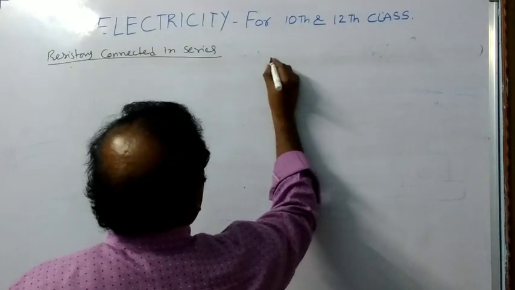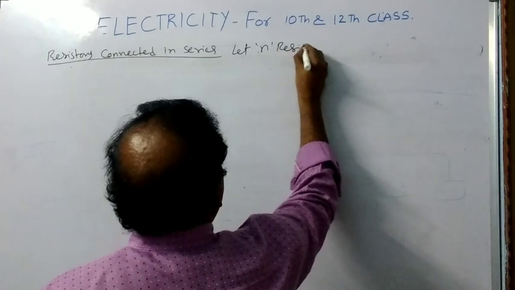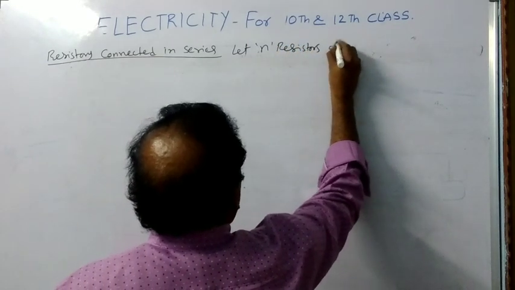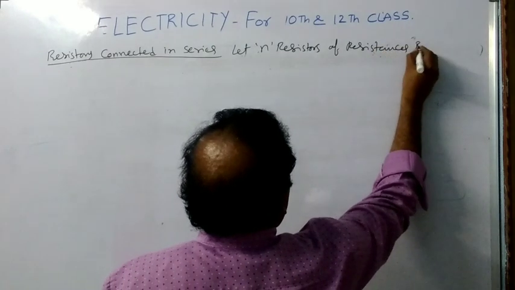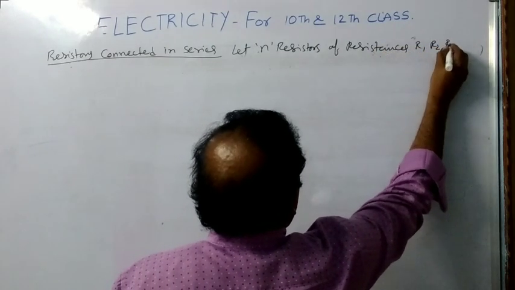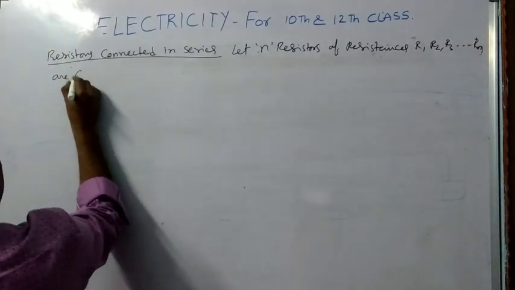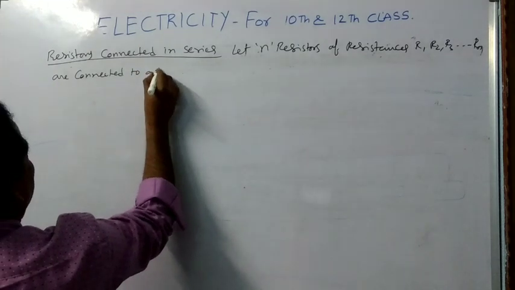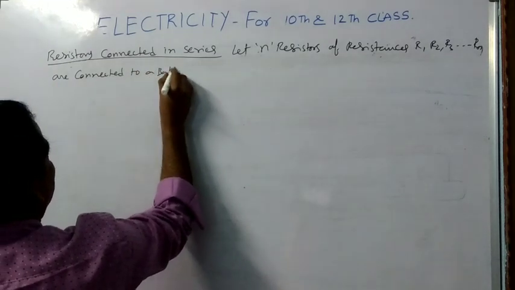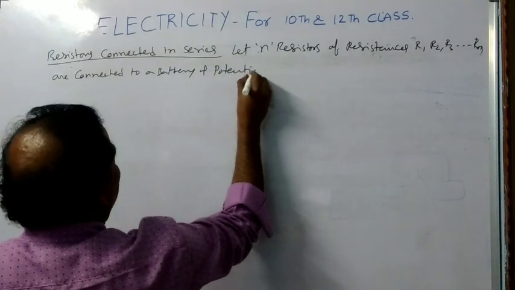These n resistors of resistances R1, R2, R3, up to Rn are connected to a battery of potential V.